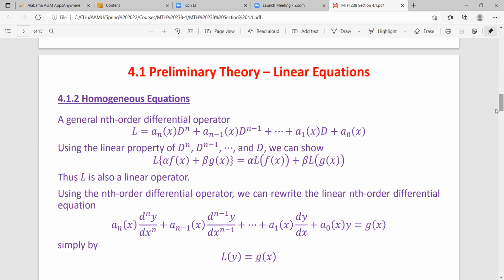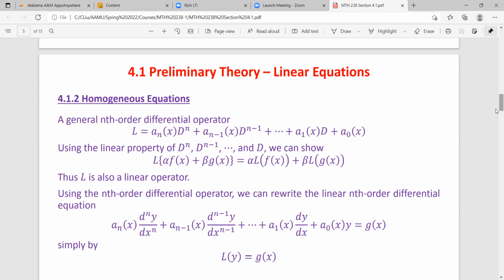All right. So then what's the connection between the differential operator and the differential equation? You can see if you just use the nth order differential operator, you can rewrite the linear nth order differential equation we had before in a simple way as L applied on y equal to g of x.